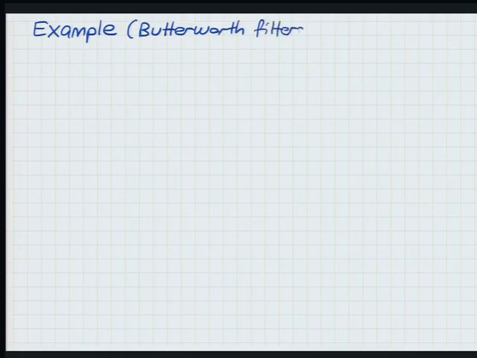Analog filters. In fact, a very special class of analog filters called Butterworth filters. Even though everything today is digital, we still need analog filters. Why? Give me one reason. Yeah.